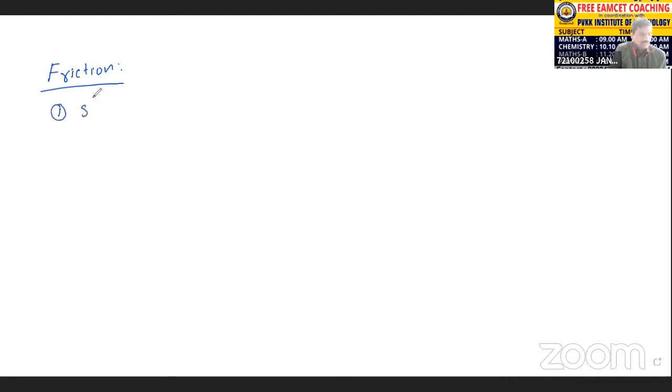One is static friction. Second one is dynamic friction. Third one is rolling friction.